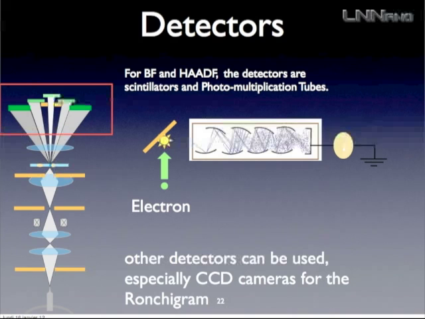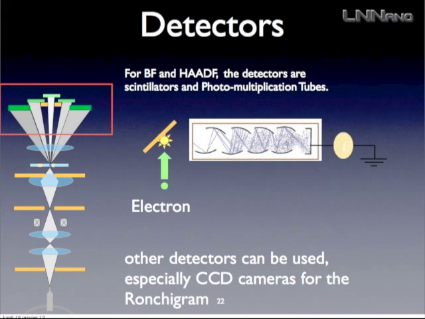Okay, and at the end of the day, of the travel of the electron, you have the detector. So here is only the bright field detector, which is on the transmitted beam, basically, as I said previously. And you may have other detectors, which are usually, as I said, in the form of a ring, the annular dark field detector, so at higher angle. And basically, how they work is a little bit simple. You have a scintillator, so it's just a material that likes to emit photons when it's hit by an electron.